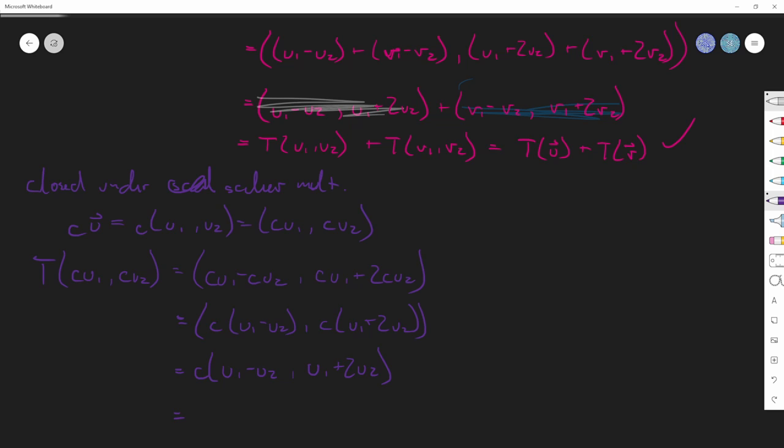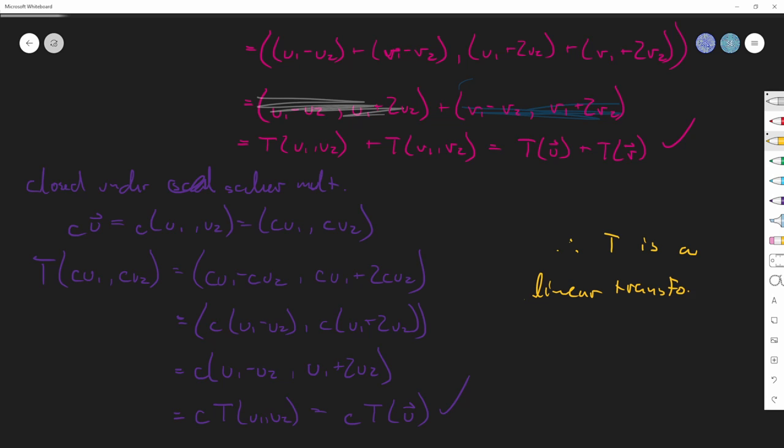So this is the same thing as c times T of (u1, u2), or c times T of vector u. So this is also closed under scalar multiplication. Therefore, T is a linear transformation.